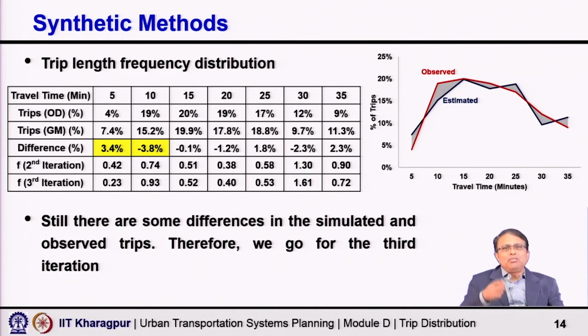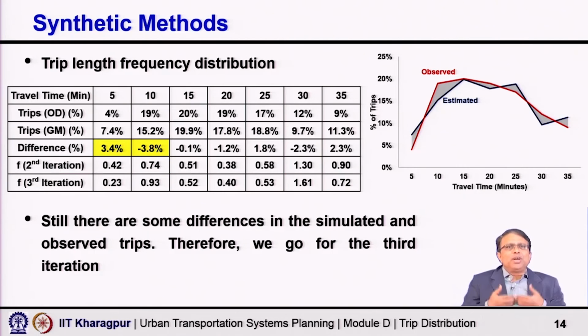Again you compare, and you find in this iteration you are getting a slightly better fit. It is much better as compared to iteration 1, but still it is not matching. Probably you expect it should match more closely. Go for one more iteration.